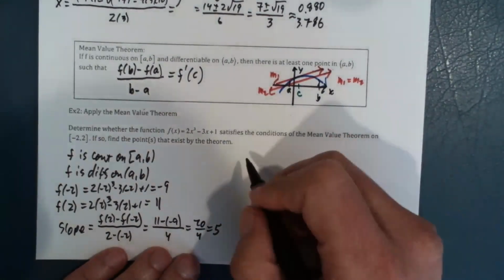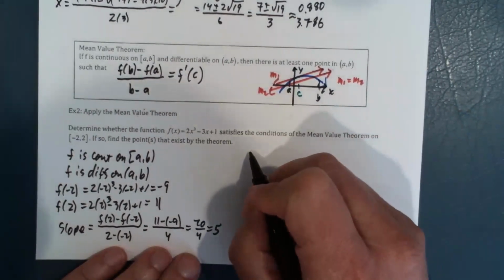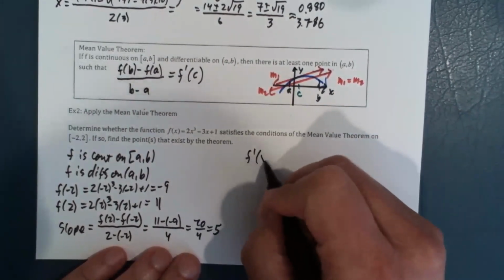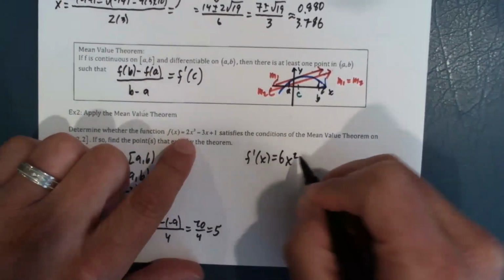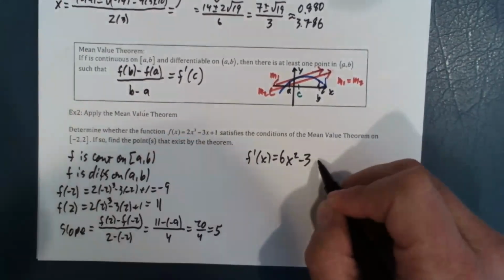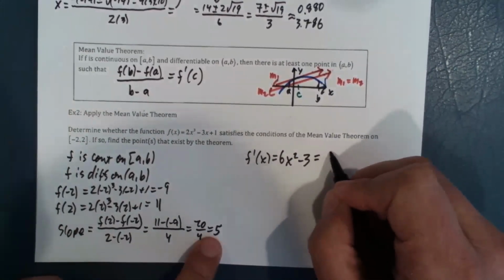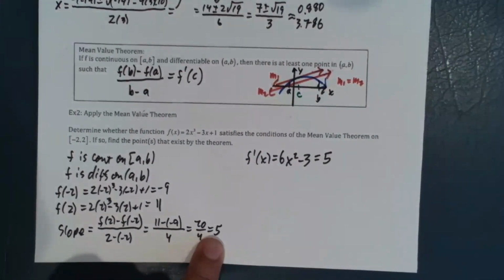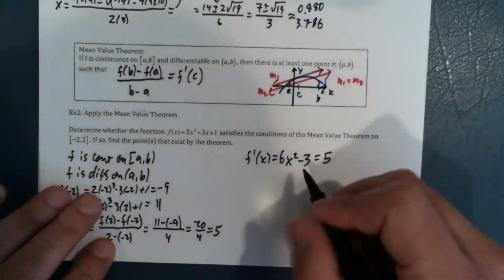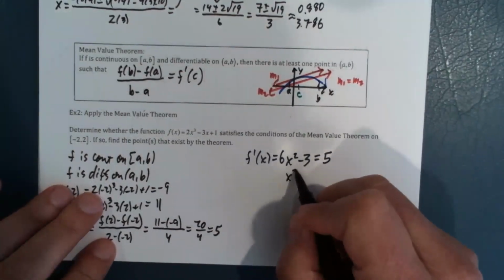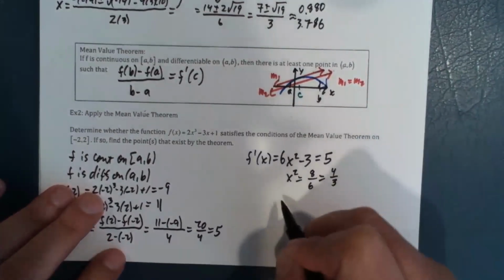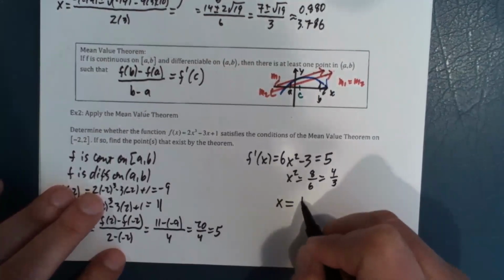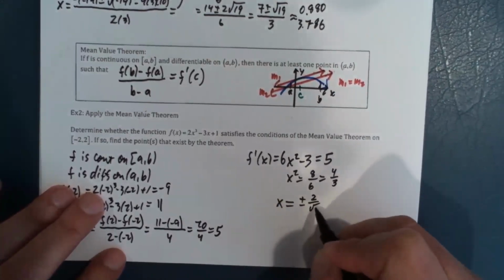This means that according to the mean value theorem, f prime of x is going to be 6x squared minus 3, and we're going to set that equal to 5, the value that we just got here. And that is going to give us 6x squared equals 8, x squared equals 8 over 6, which is 4/3, which means x is going to be plus and minus 2 over √3.